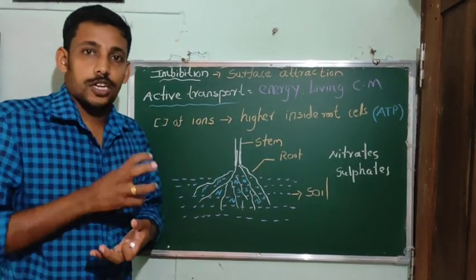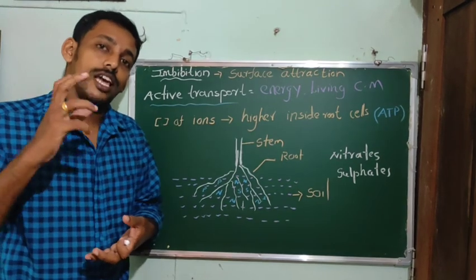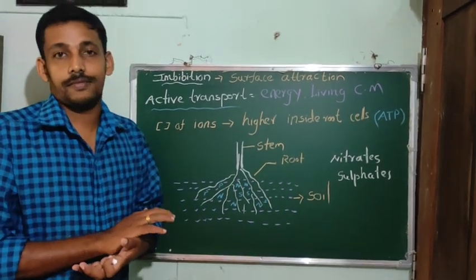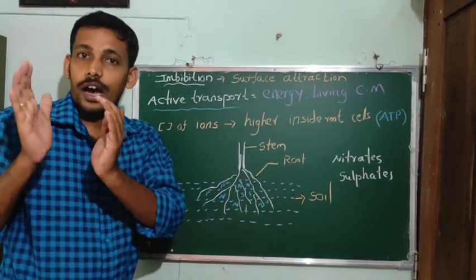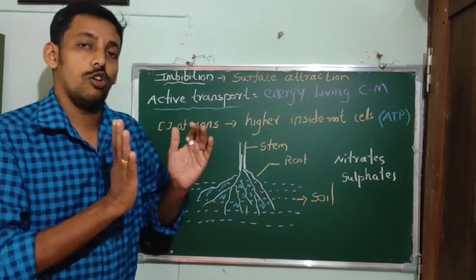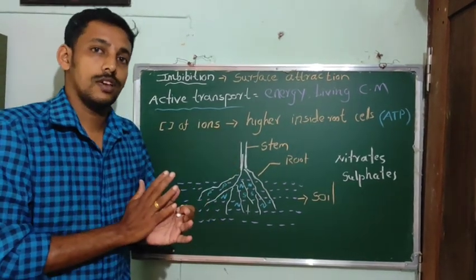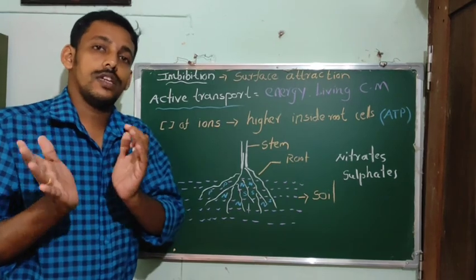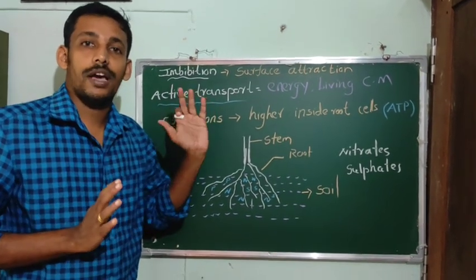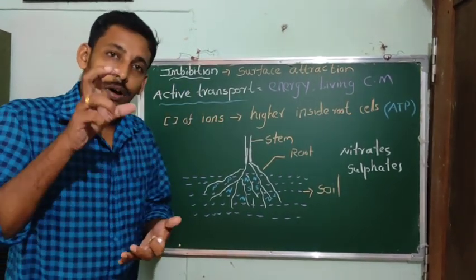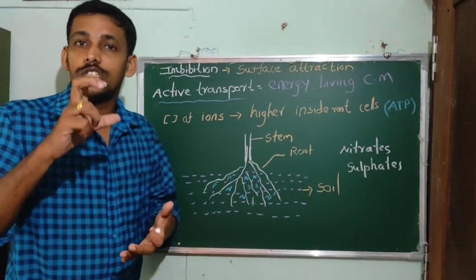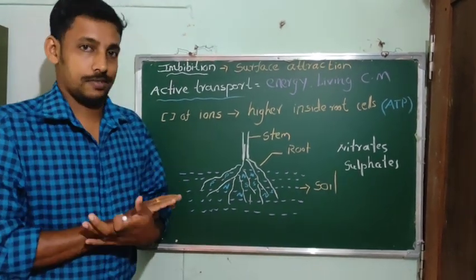And this passive transport takes place along the concentration gradient, that means from a higher concentration to a lower concentration. So just like diffusion and osmosis, it is a passive transport, and in passive transport, there is no requirement of energy.